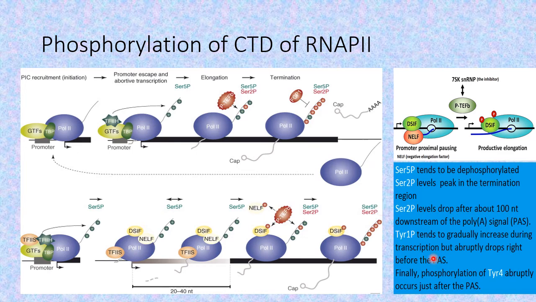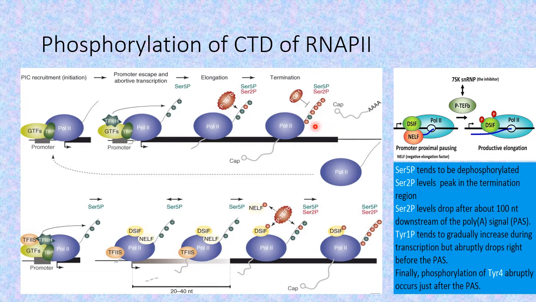Apart from that, tyrosine 1 phosphorylation also increases, but just before this poly A signal, it abruptly drops, and phosphorylation of tyrosine 4 occurs just after this poly A signal.